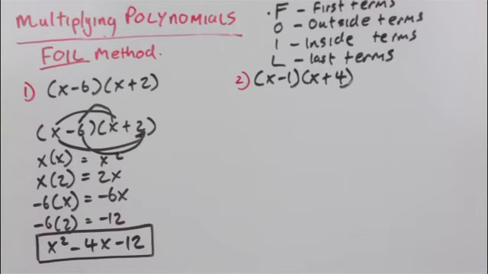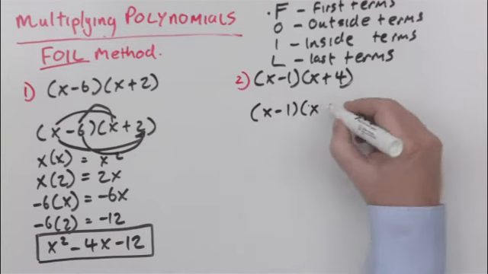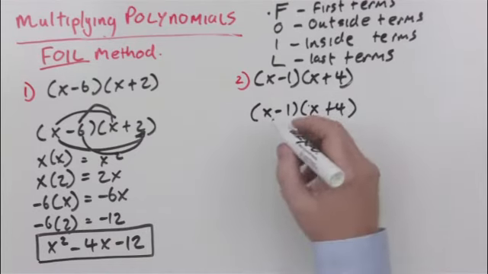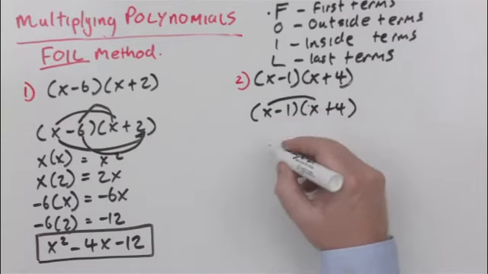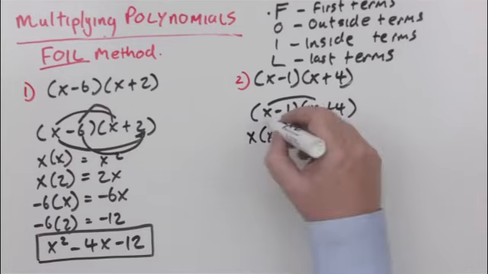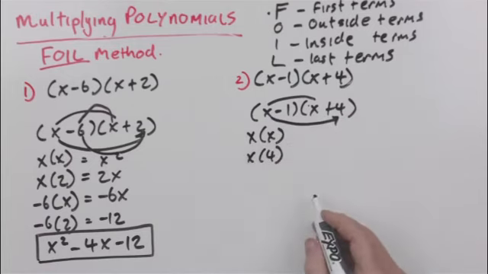Let's look at it again. I'm going to multiply x minus 1 by x plus 4. First I have to do the first terms, so the x and the x are the first terms. So just x times x, remembering to write everything vertically. Then the outside terms, x times 4.